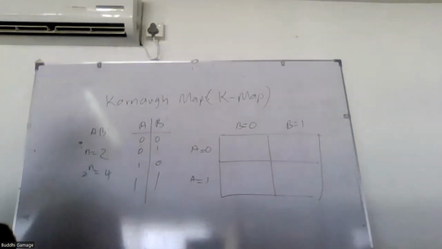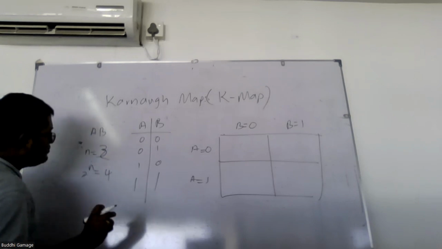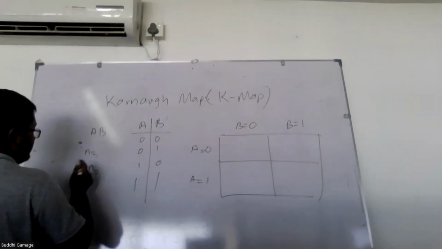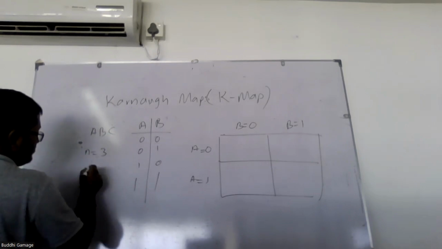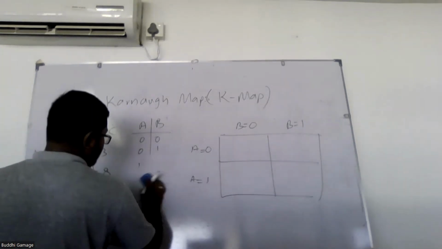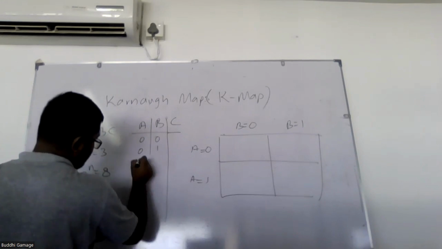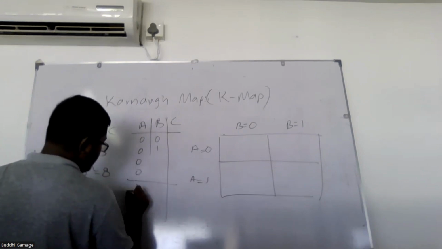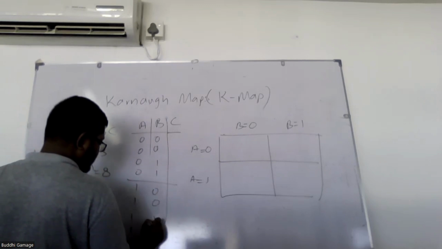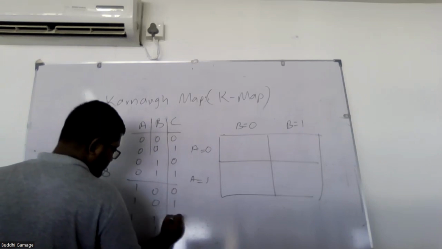So let's talk about 3 variables. n is equal to 3. That means there are 3 variables, 2 to the power 3 is 8, so there should be 8 rows. That means A is 0, 0, 0, 0, 1, 1, 1, 1, B is 0, 0, 1, 1, 0, 0, 1, 1, and C is 0, 1, 0, 1, 0, 1, 0, 1.